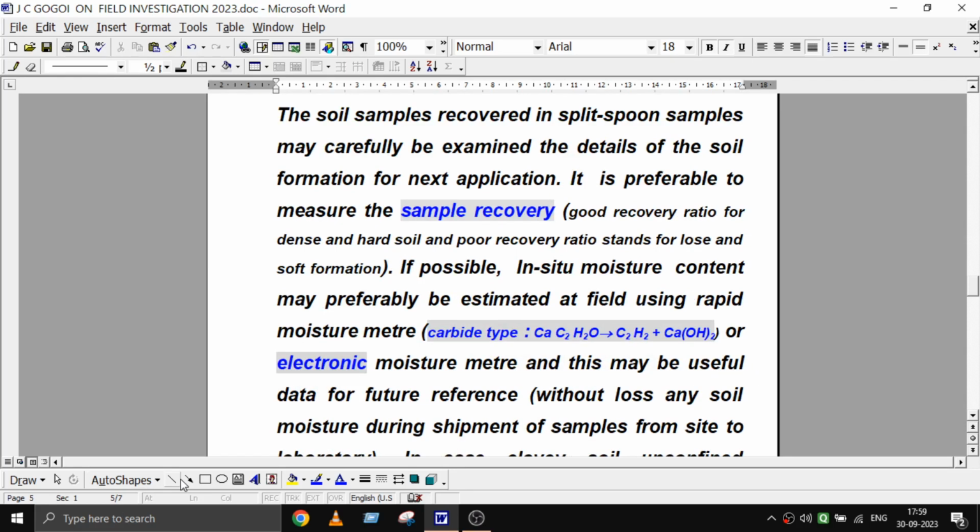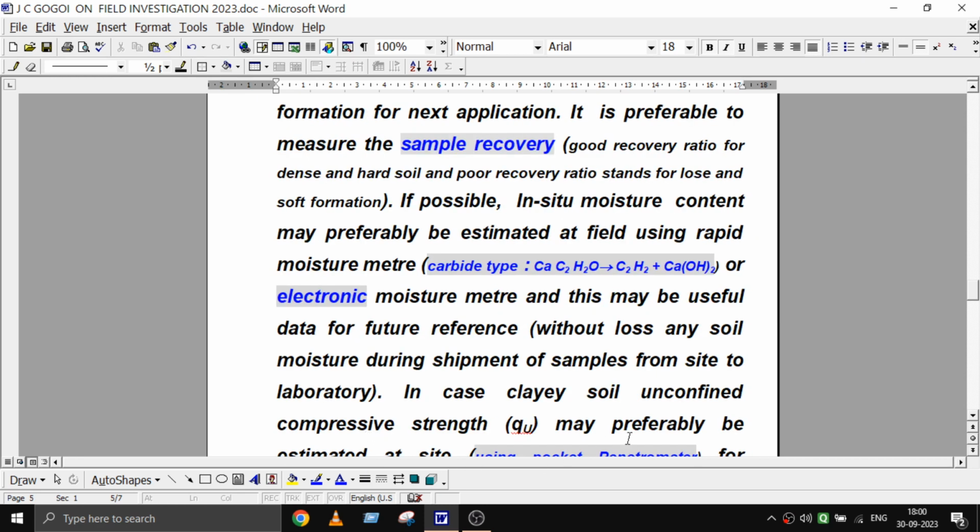Anyone can also use an electronic moisture meter. There is no correction. Once you set the 0.0 level, it will give measurements very accurately, not like that of the oven dried, but it will give good results.